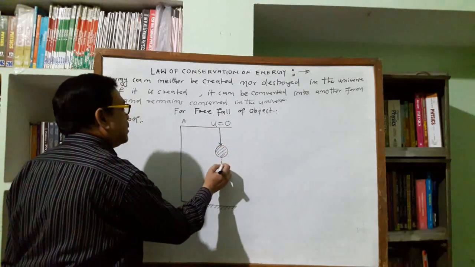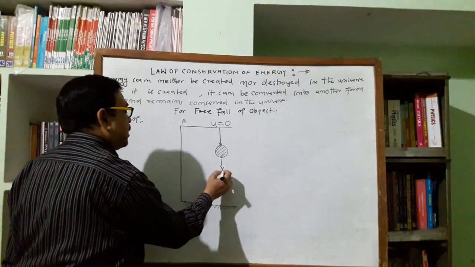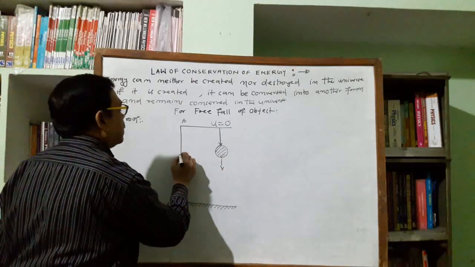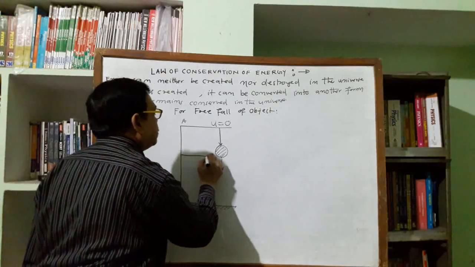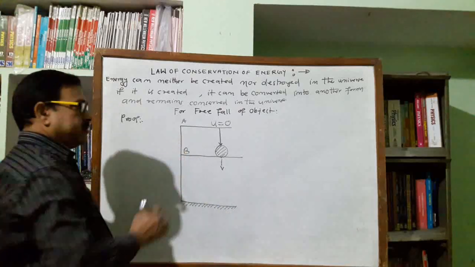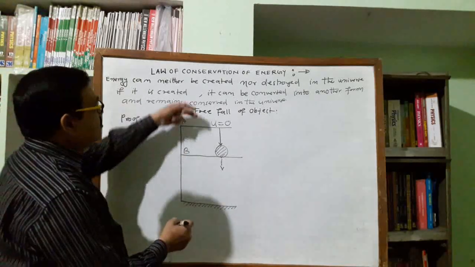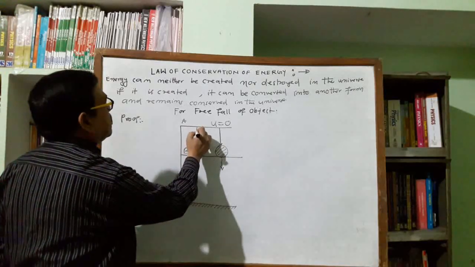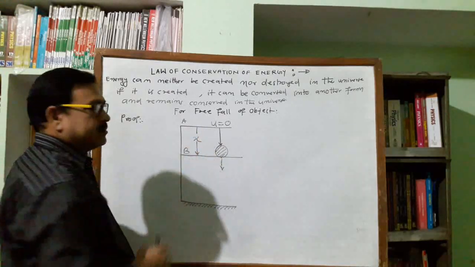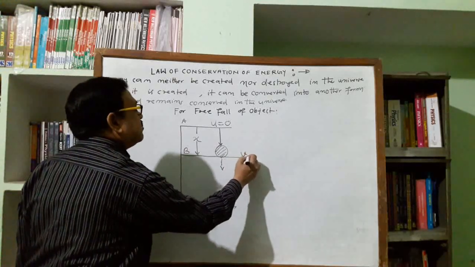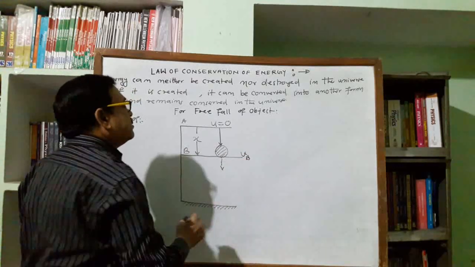The object is falling continuously and comes to a new position. We think that the object comes from A to B. Now from A to B, the distance covered by the object is x. It acquires a certain velocity at that point. We write it as vB.